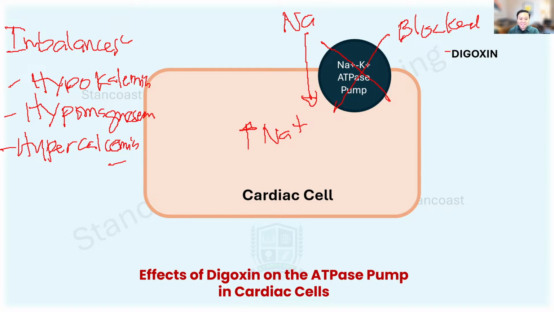And because of that increase in the sodium in the myocytes, this will also impair the sodium calcium exchanger, known as the NCX. This is another important channel that should allow the exchange between the 2 electrolytes, sodium and calcium.